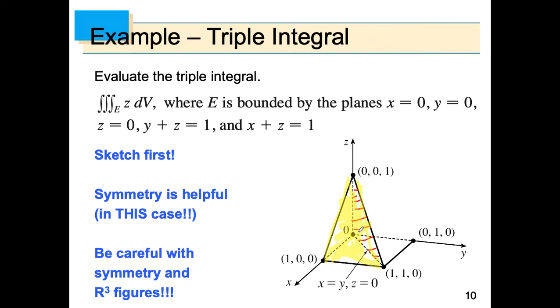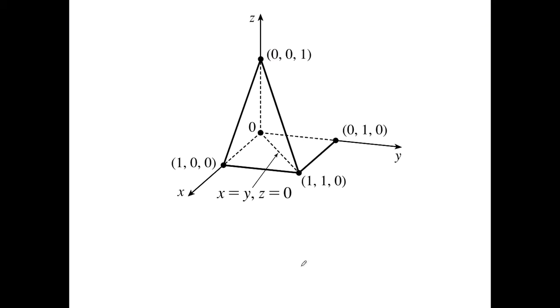But for now, luckily for us in this particular problem, symmetry does actually work. And you'll notice that it works in this case because I took away that line here. Before I took away that line, this whole solid was made up of two of these smaller pyramids. So here's a bigger version of it.